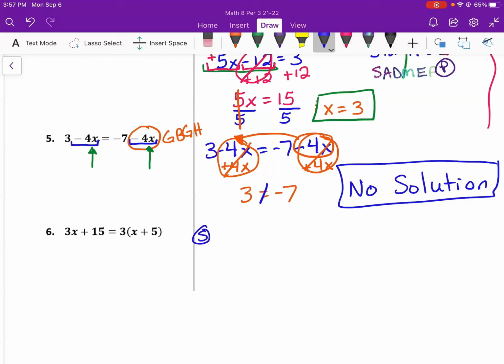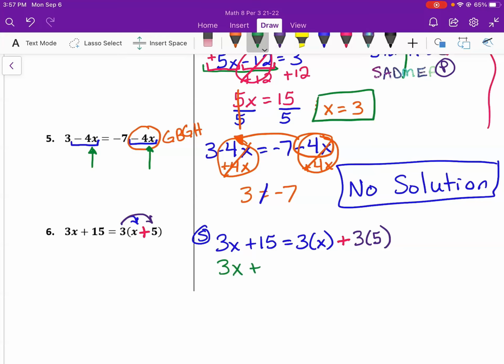So first step, we've still got to simplify. So we've got 3x plus 15 equals 3 times whatever's inside parentheses stays inside. Bring down the sign. And then 3 times whatever's inside parentheses stays inside. So I've got 3x plus 15 equals 3x plus 15.